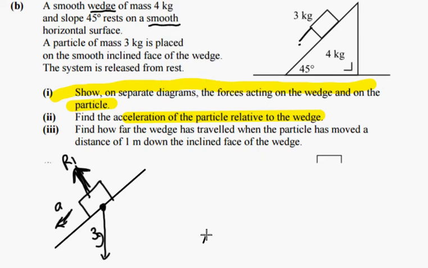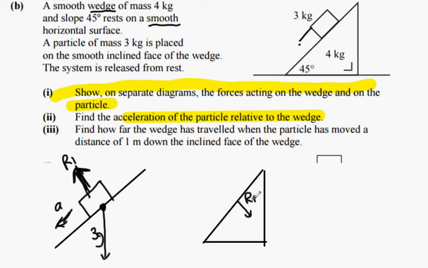I'm going to draw the wedge next. Forces acting on the wedge. Can anybody tell me what force is acting on the wedge? See this R1 that was acting diagonally left up? That is also going to act diagonally right down on the wedge. When you pick up something, they experience a force up, but in turn you experience a force down.